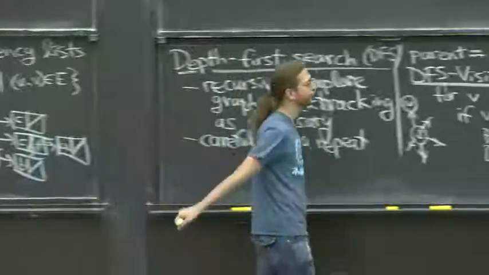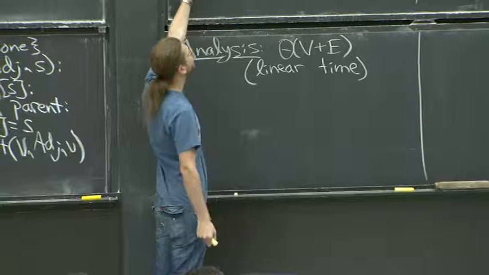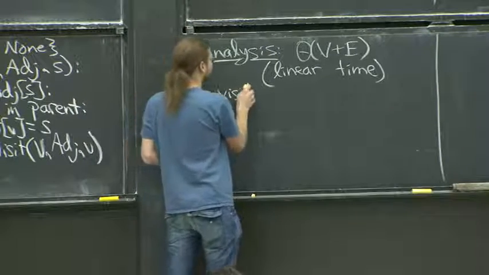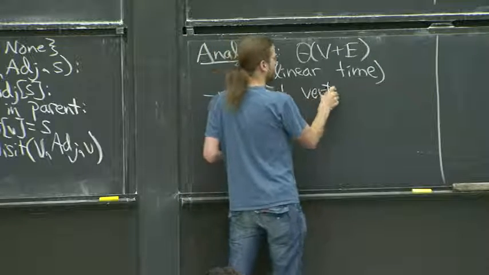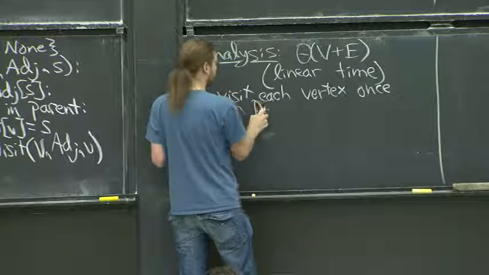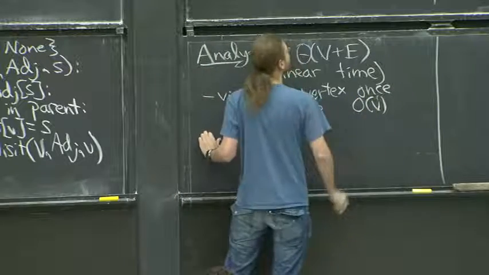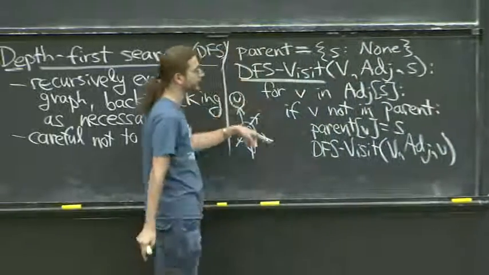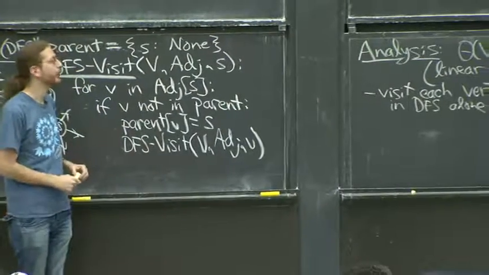The reason it's order V plus E is, well, first, as you're saying, you're visiting every vertex once in this outer loop, not worrying about the recursion in DFS alone. So that's order V. Then we have to worry about this recursion. But we know that whenever we call DFS visit on a vertex, it did not have a parent before.